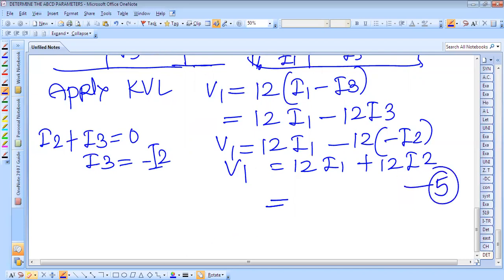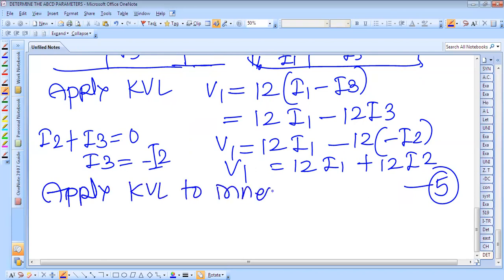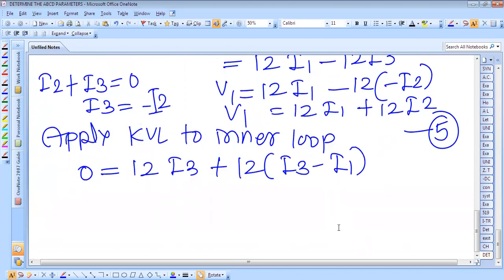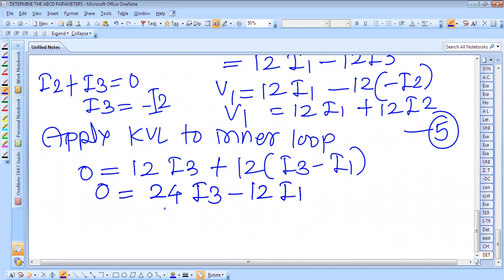Now we have to apply KVL to inner loop. When you apply KVL, 0 is equal to 12 I3 plus 12 I3 minus I1. So if you solve this further, this is 24 I3 minus 12 I1. So instead of this I3, we have to put here I2.